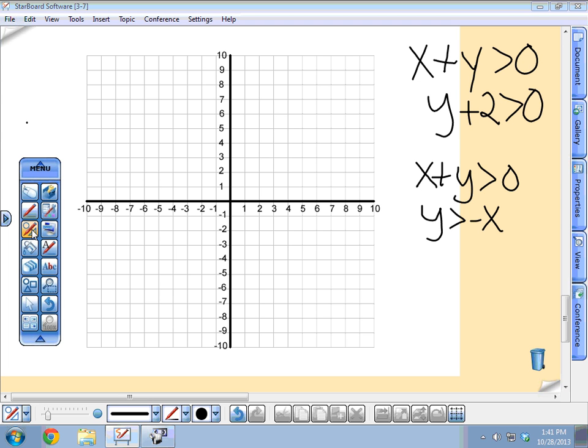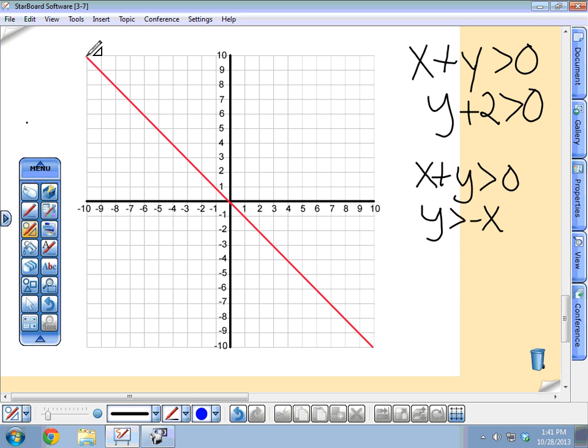Let me pick a color, we can use red. So that's the line y equals negative x.